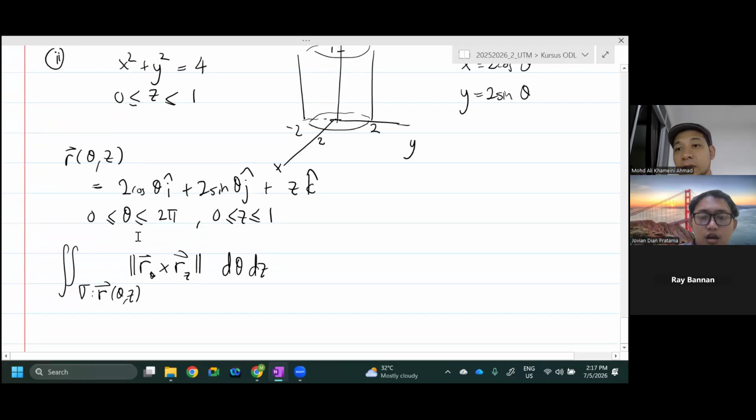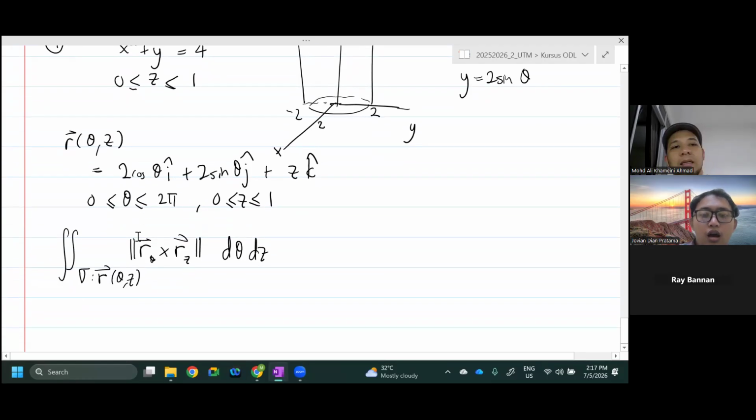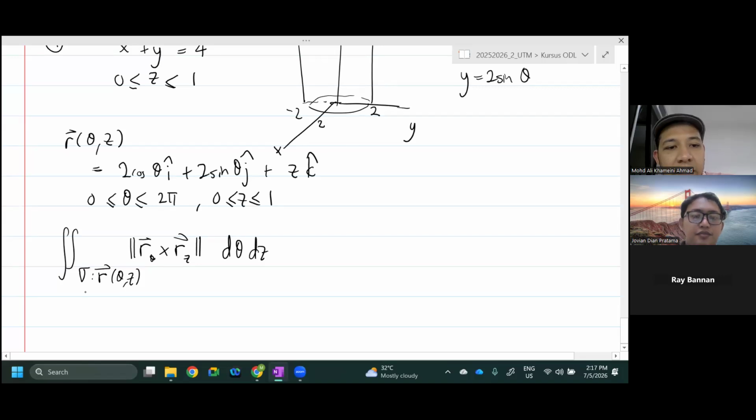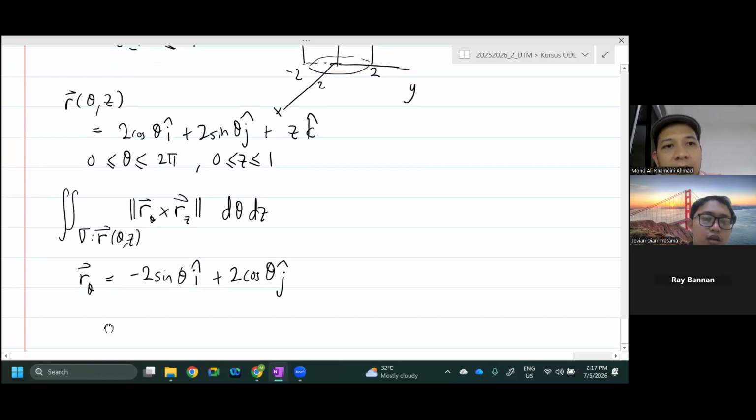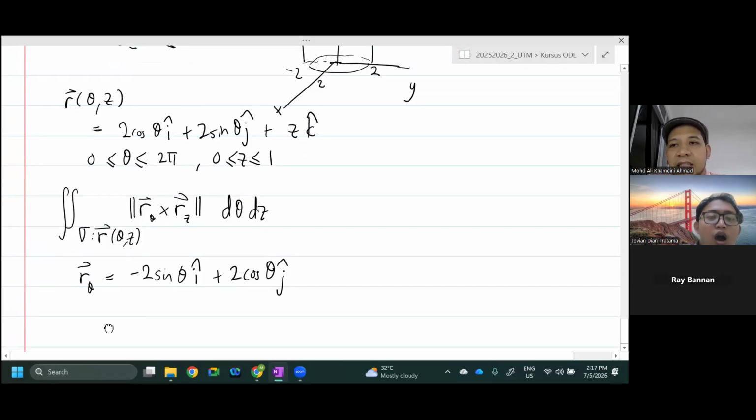What is r sub z? r sub theta is you differentiate this one with respect to theta. So you will get negative 2 sine theta i plus 2 cosine theta j, then it's just 0, right? No variable theta here. Then you differentiate this one with respect to z. r sub z, we get what? This is 0, no variable z, 0 also. What is left is just k here, since differentiating z you get 1.